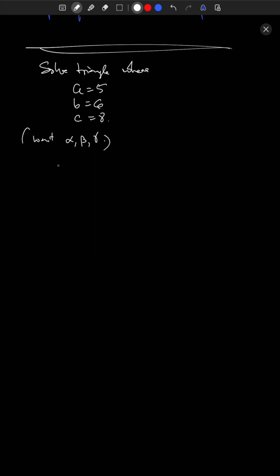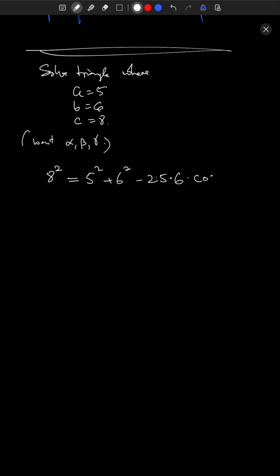All right. Okay, and again, we just directly quote the law of cosines. So let's do the c one first. 8 squared equals the other two, right? 5 squared plus 6 squared minus 2 times the other two, 5 times 6 times cosine of gamma, right? So this tells me immediately that, let me actually write out the numbers. 64 equals 25 plus 36 minus 60 cosine gamma, right?